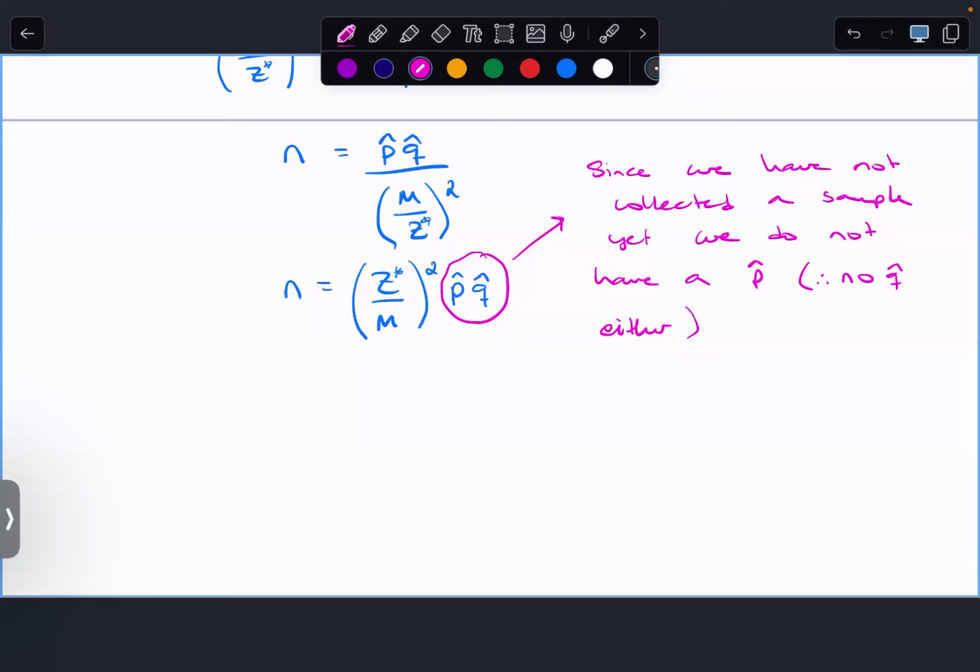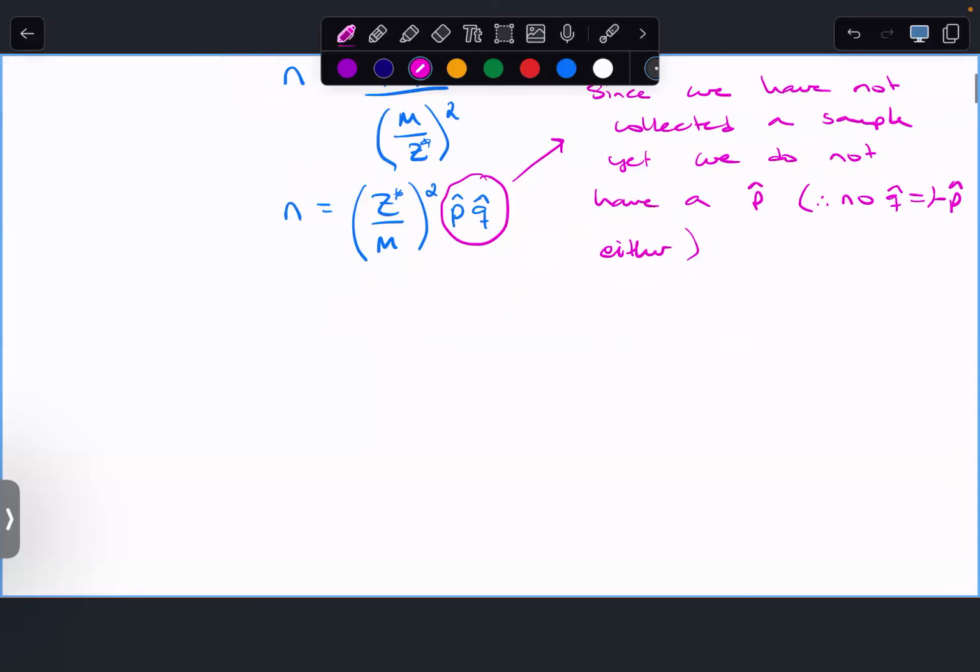They go hand in hand, right? 1 minus p hat is q hat. Therefore, no q hat, which is 1 minus p hat either. So that's okay. On your formula sheet, instead, we write p star q star.